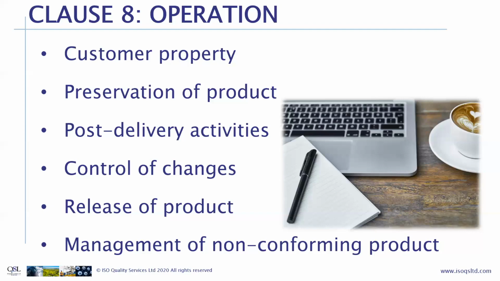Can include service level agreements, the issue of operating manuals, installation and commissioning, certificates of conformity, and ultimately, if within contracts or tenders, sign off and acceptance of your product or service delivery.